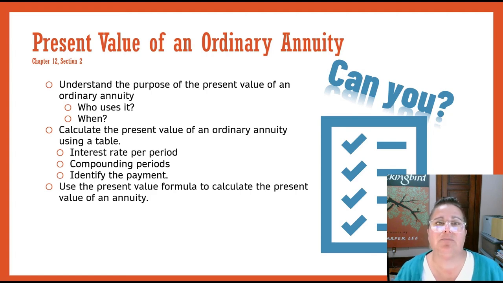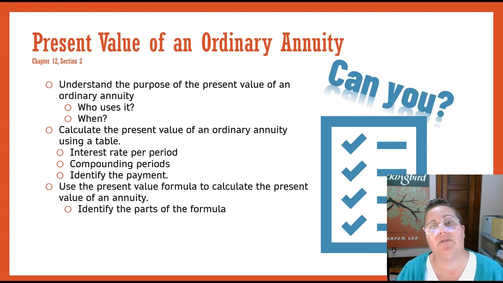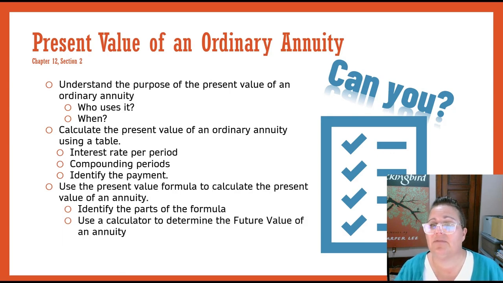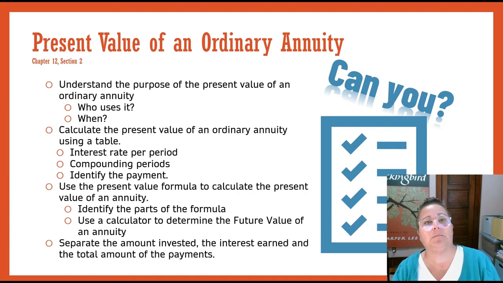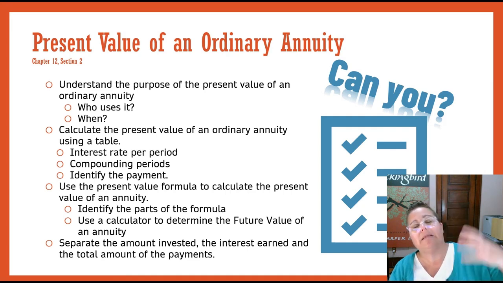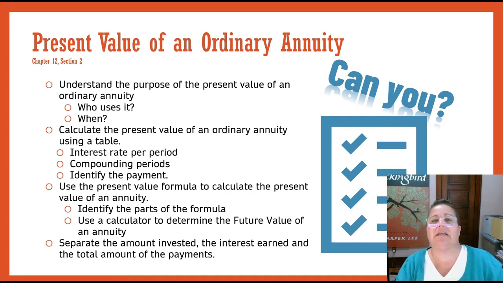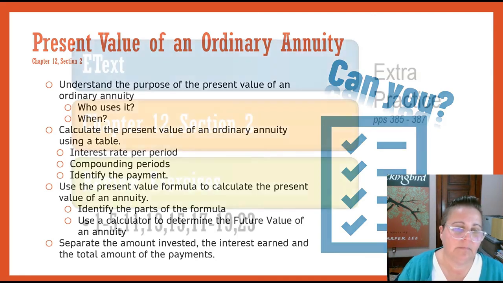Are you able to use the present value formula successfully to calculate the present value of an annuity? This would include being able to identify the various parts of the formula and to successfully navigate your calculator to determine that present value. And as we have discussed in previous sections, we want you to be able to separate the amount that was initially invested from the interest earned and the total amount of the payments.